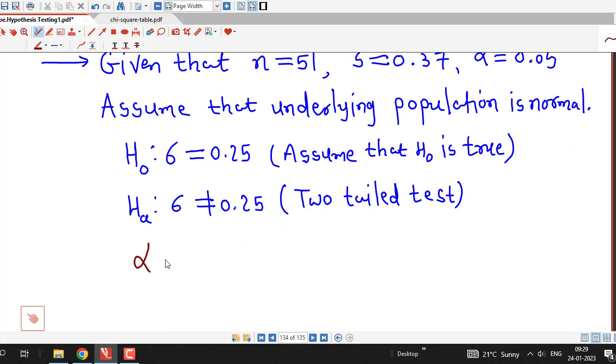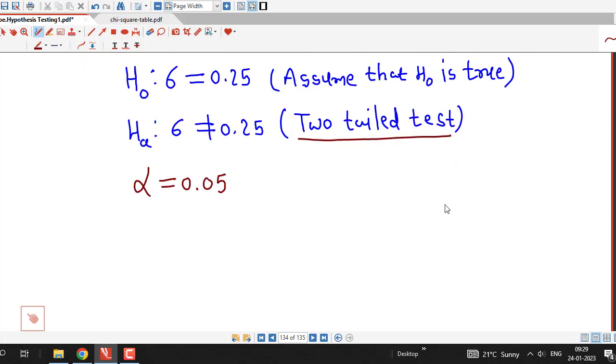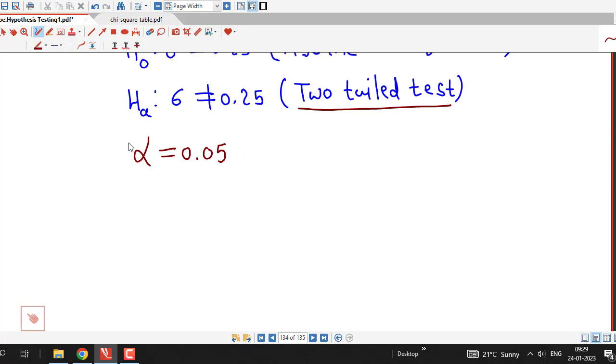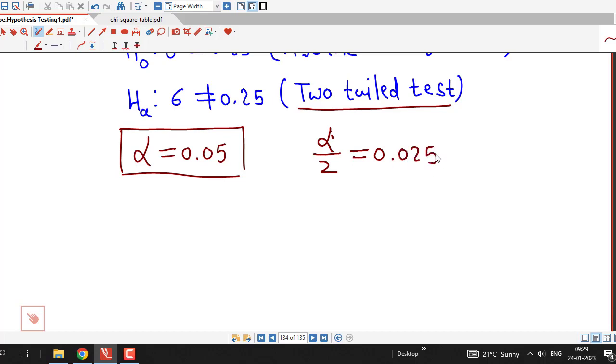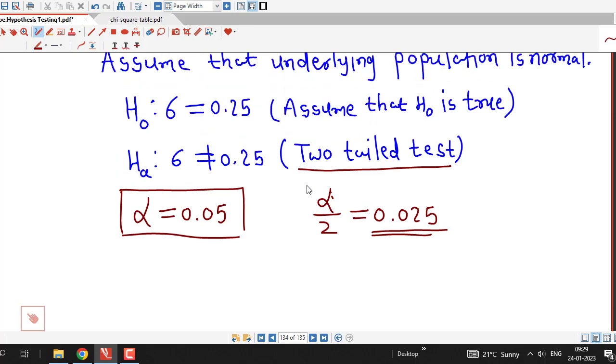Level of significance is 0.05, and because we have a two-tailed test, we divide this area into two parts of equal area, that is alpha by 2 equal to 0.025, so that we consider 0.025 area in the left as well as right tail.